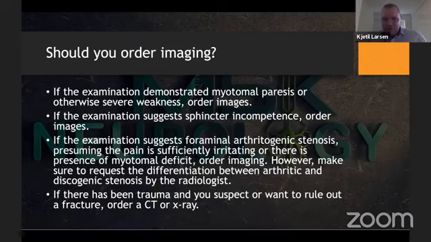Why? Well, because you cannot really treat it conservatively. It's a good idea to see the images, see what it looks like, and then you take the next steps from there. Maybe you try root blocks for a couple of months or years. Maybe you have them flex their spines a little bit. Or you schedule them for foraminotomy, which is a simple procedure with great results if the diagnostic workup was done properly. And of course, if there's been trauma, you want to rule out a fracture or something like that.